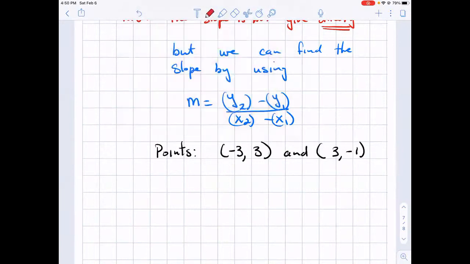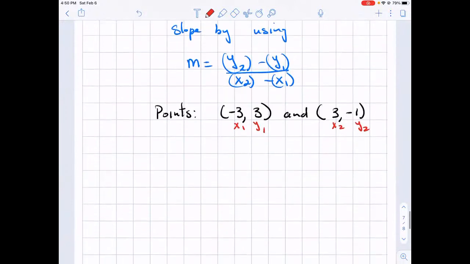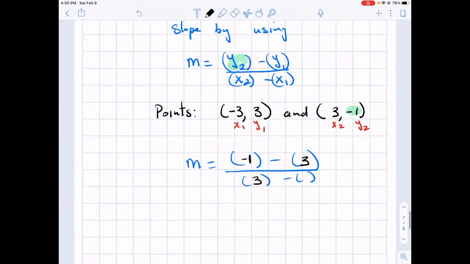So here we have x1, y1, x2, y2. So m is equal to, we'll fill in those. Instead of y2, I'm going to write -1. Instead of y1, I'm going to write 3. Instead of x2, I'm going to write 3. And instead of x1, I will write -3.